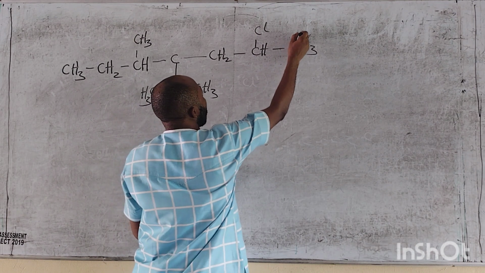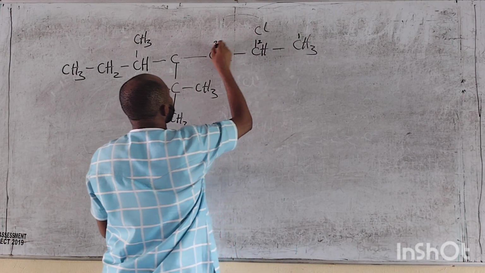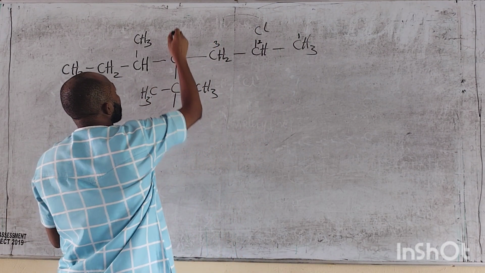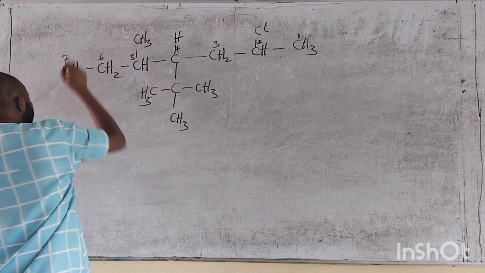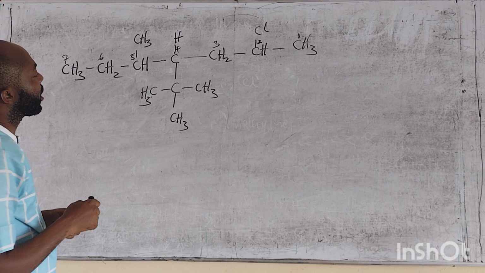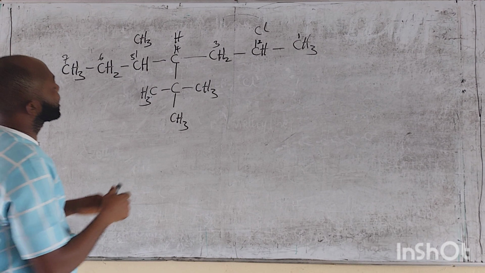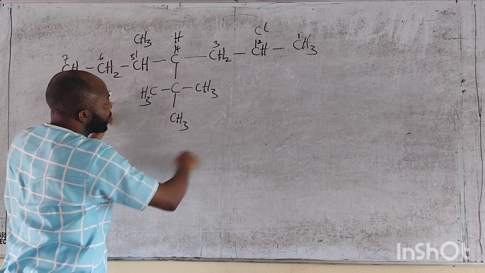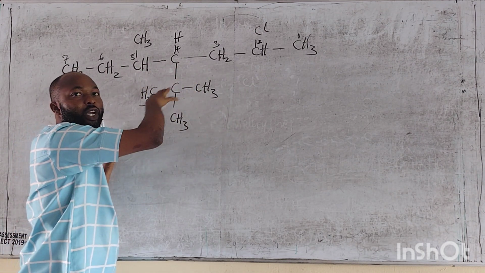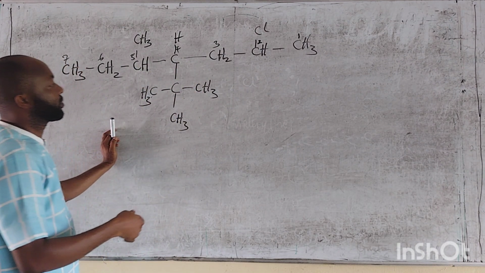So if this is my 1, 2, 3, 4, 5, 6, and 7. Now, this is a substituent, mind you. But in this substituent, it contains other stuff inside.